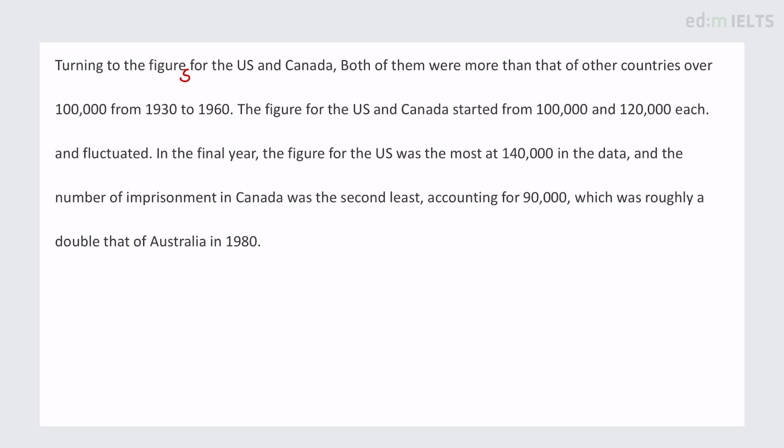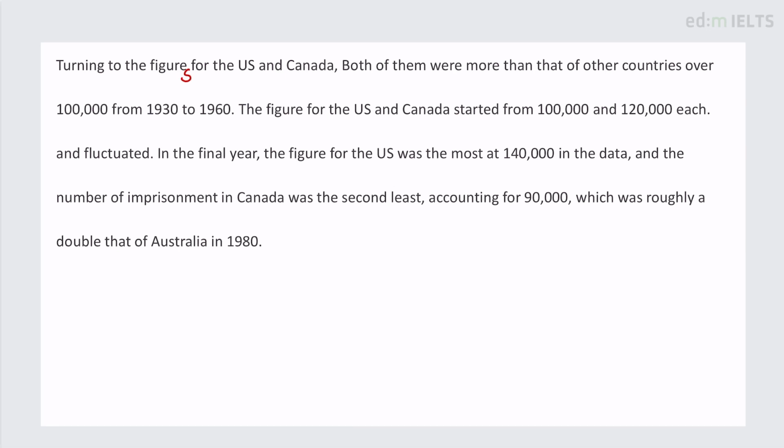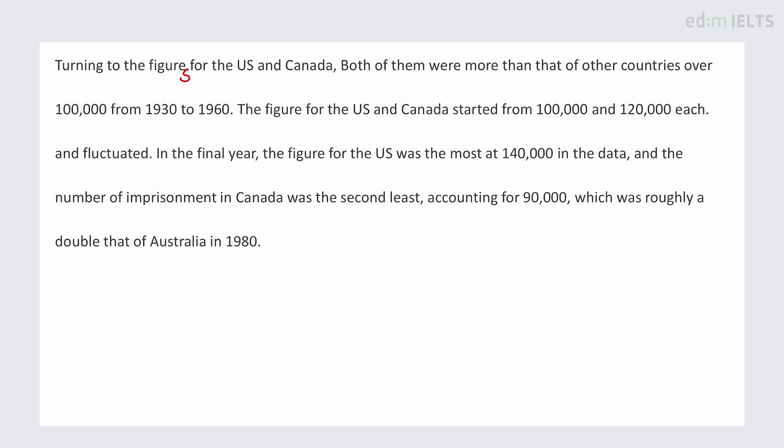So there's no easy way to change this, but I could say, turning to the figures for the US and Canada, there was an overall rise evident in imprisonment figures over the period. Let's get rid of them at least. So both, but using both as a pronoun, both of those, both were.